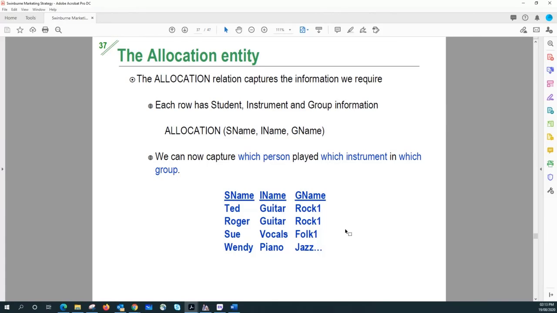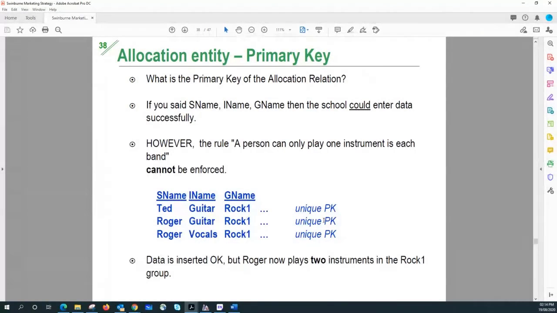Does it actually work? Is it actually acceptable? That's my question. So I just give a name for this super weak entity, allocation: student name, instrument name, group name. If I underline all 3 as a composite identifier, does that make sense?